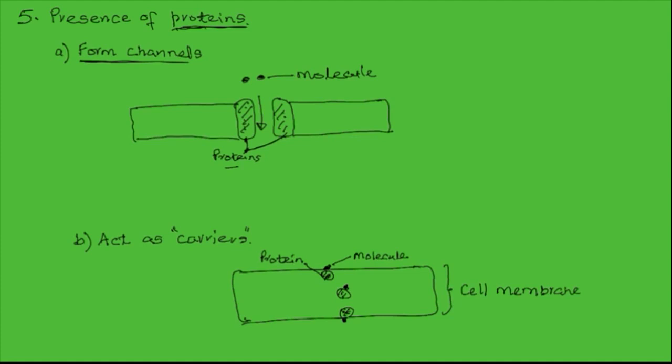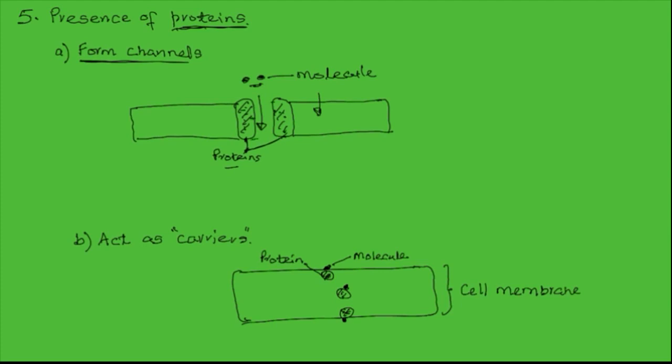So without these channels, these molecules, which in many cases are normally too large to pass through the normal route across the cell membrane, can only pass through the special channels that are created by the presence of the proteins within the cell membrane.